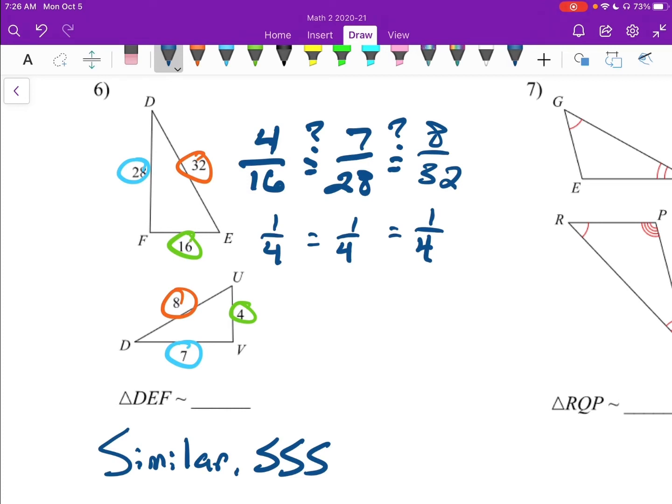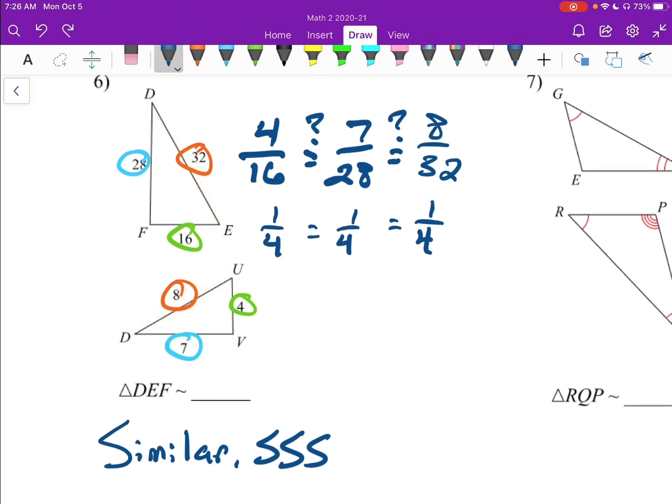And now for our similarity statement, we start off with triangle D. So we have the point D there. D is between the orange and the blue side. So up top, I'm going to go between the orange and the blue side. And look at that, they actually labeled it with the same letter.